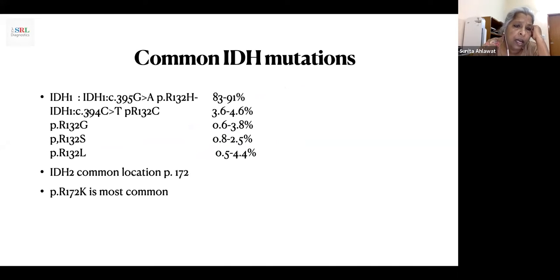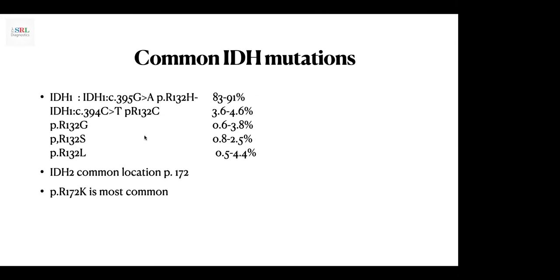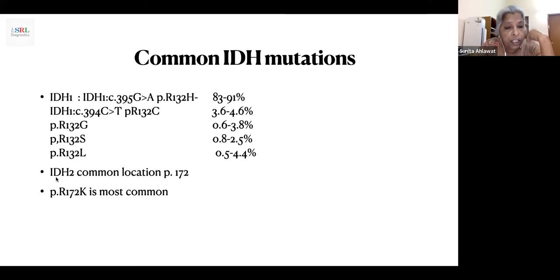In addition to this mutation, IDH1 has a few other mutations which account for less than 10% of the total mutations in IDH mutant astrocytoma. That 10% also includes IDH2 mutation, and the most common IDH2 mutation found is R172K.